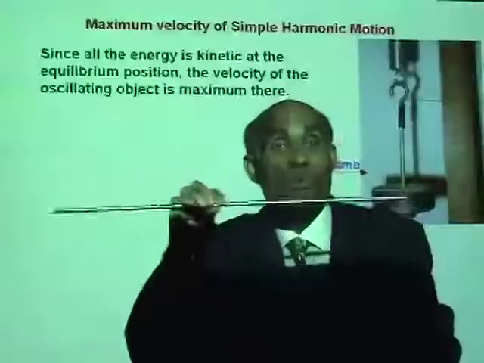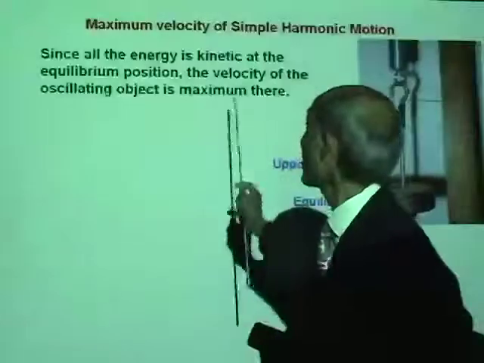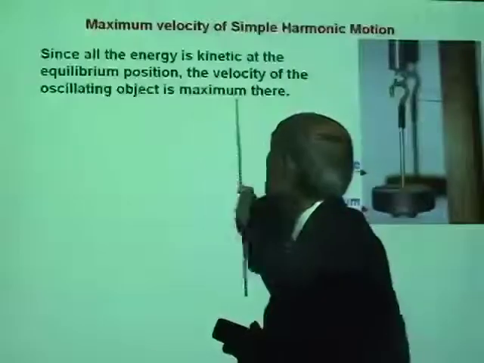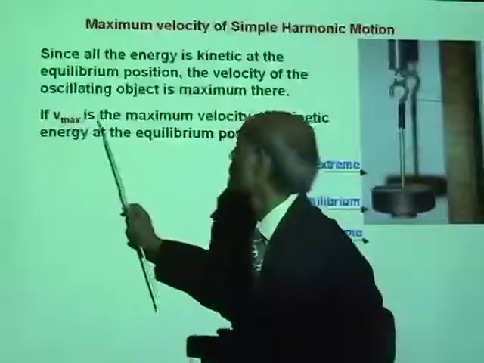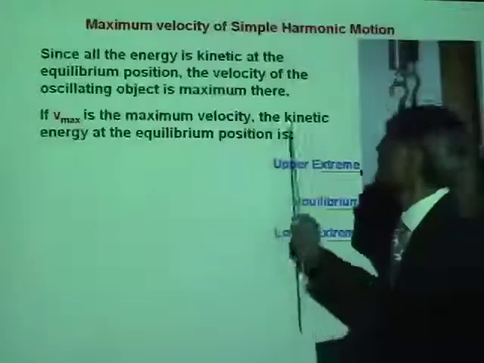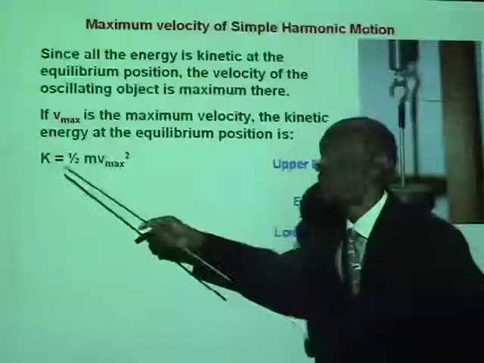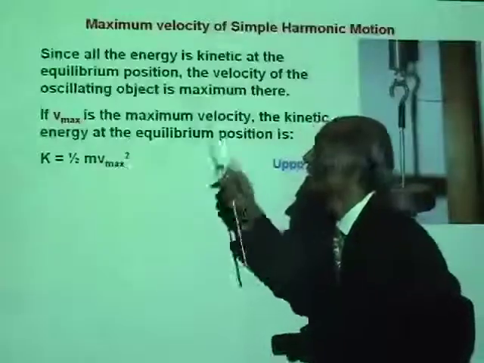There is no potential energy. All the energy is kinetic. The velocity is the maximum there. Therefore, if v max is the maximum velocity at the equilibrium position, then the kinetic energy can be written as K equal to 1/2 m v max squared.